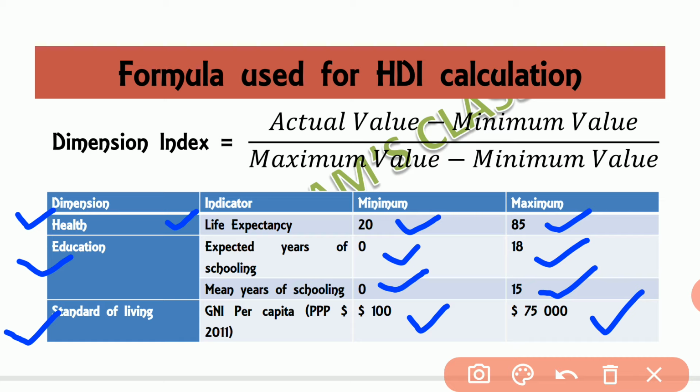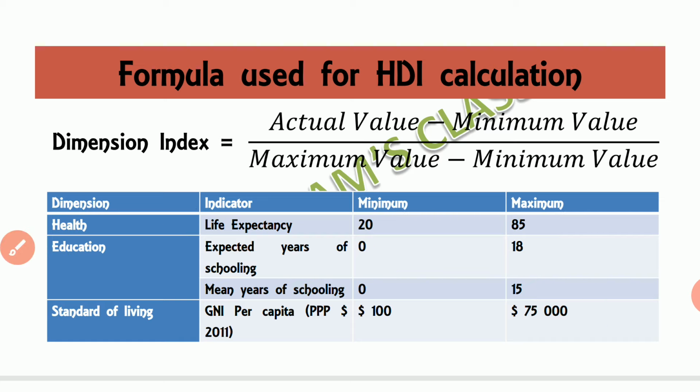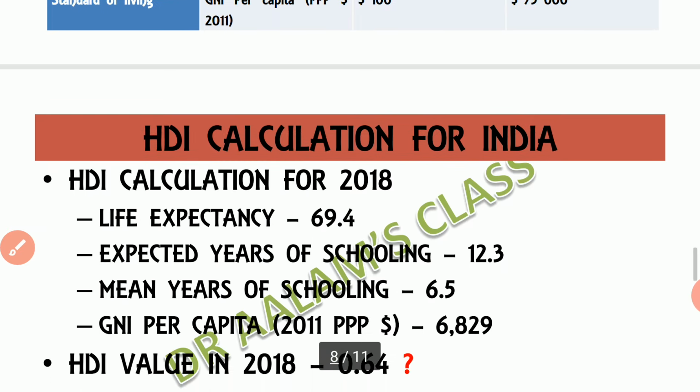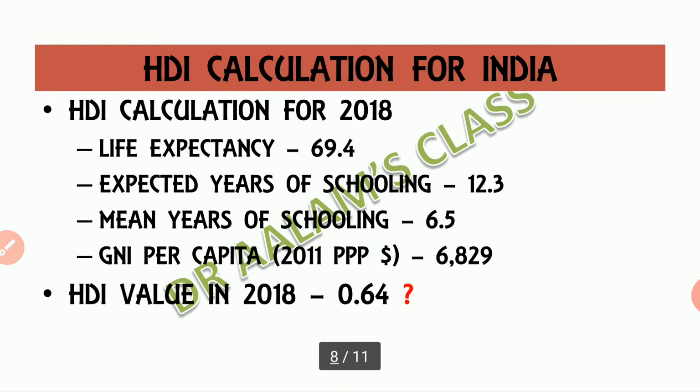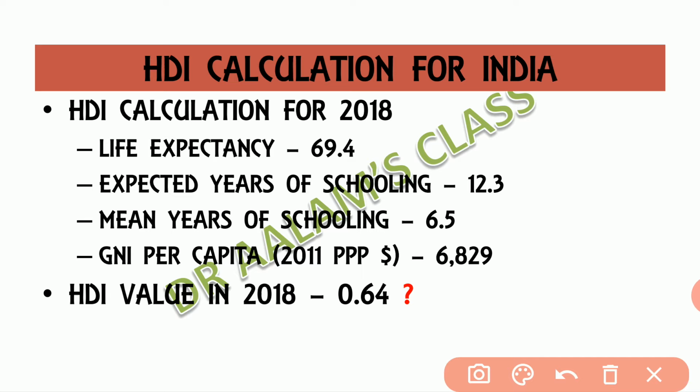So for calculating the dimension index for each dimension, we will be using this minimum and maximum goalpost by using the above formula. Now let us understand the calculation of HDI by taking example of India. So in the year 2018, the life expectancy of India was 69.4, whereas expected years of schooling was 12.3, mean years of schooling was 6.5, and GNI per capita on PPP term was 6,829.